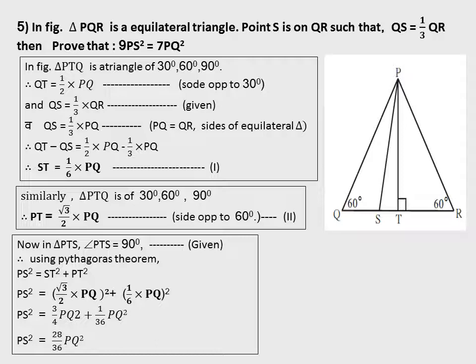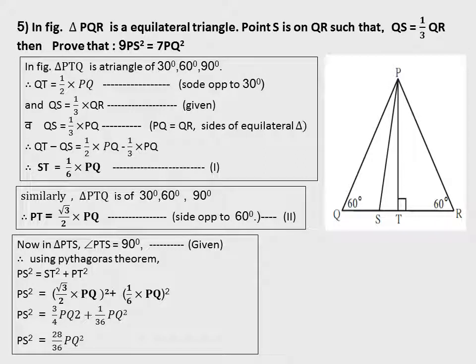Therefore PS square equal to, putting the values from equation 1 and 2, we get root 3 upon 2 into PQ bracket square plus 1 upon 6 into PQ bracket square. After solving, we get PS square equal to 3 upon 4 PQ square plus 1 upon 36 PQ square.